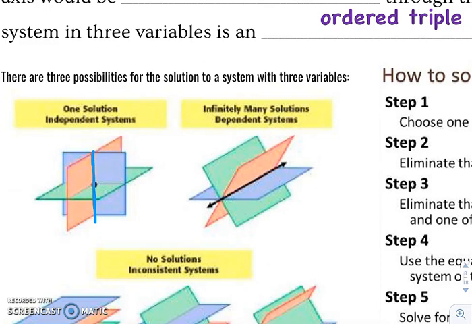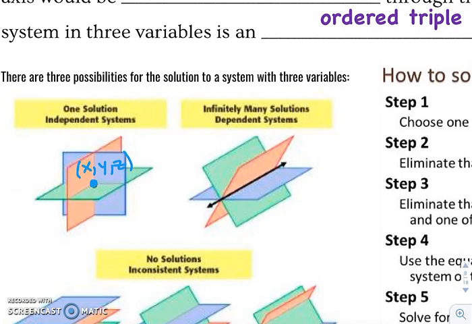This would be your x. So this one here is the z. If you're not a visual person, I get it's kind of tricky to understand, but all three of those planes intersect at one point. That would be your ordered triple, your x, y, z.